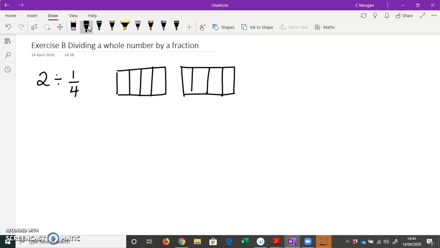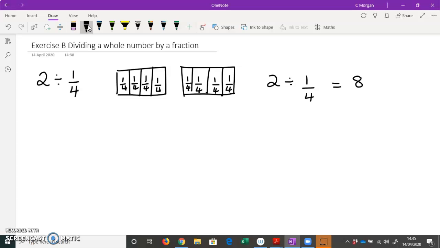So if I'm looking at how many quarters divided into 2 wholes, I can see there are 8 quarters altogether. I'm just going to label each one a quarter so that you can see what I'm talking about. So we know that 2 divided by a quarter must equal 8.